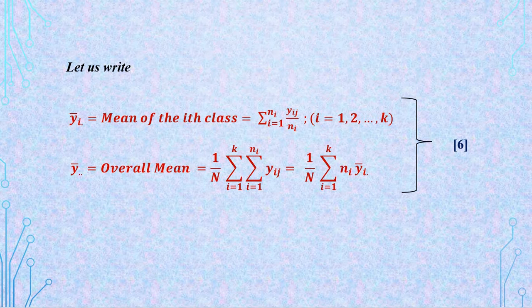So we have k means for k different treatments, where i takes the values 1 to k. And y double dot bar is the overall mean. This can be expressed as the double summation of Yij divided by capital N. Capital N is the total number of observations. So equivalently we can write it as 1 by N summation ni yi dot bar.